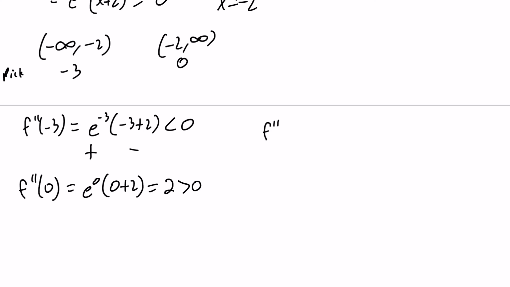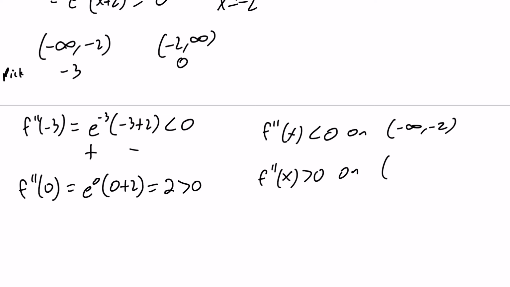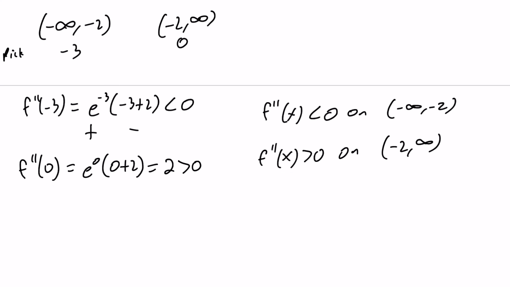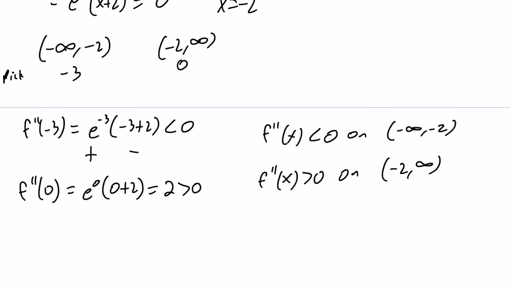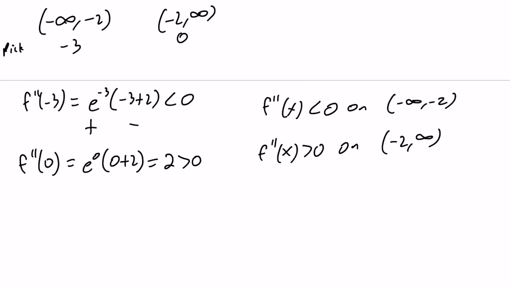So this tells us that f double prime of x is less than 0 on the interval from -infinity to -2, and f double prime of x is greater than 0 on the interval from -2 to infinity. So that means we have a point of inflection at x equals -2.